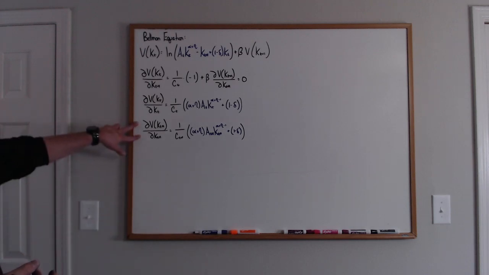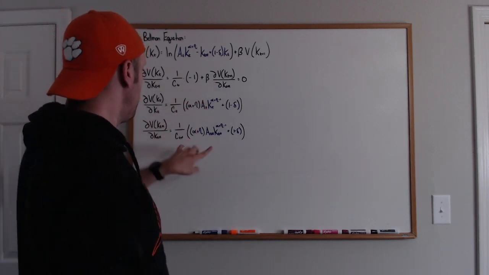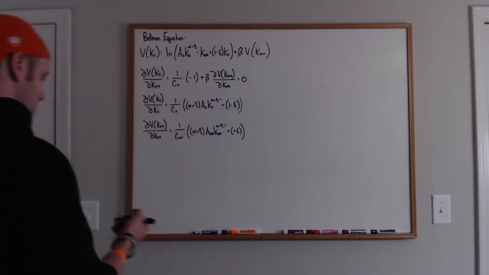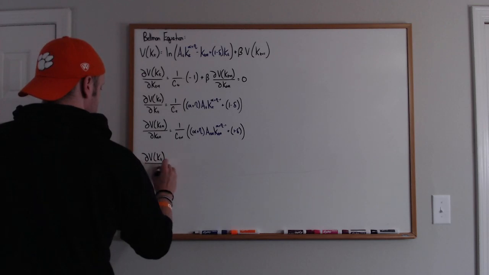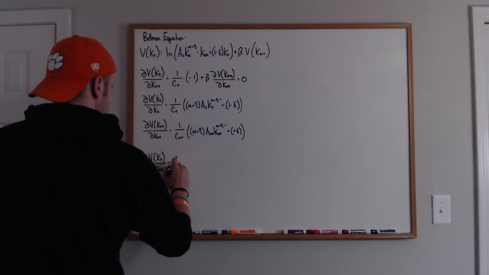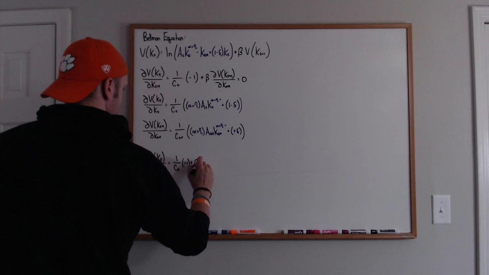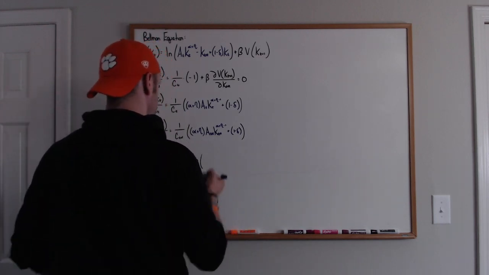And then all I do is, because this dvkt plus 1 dkt plus 1 is equal to this, and this shows up here, but it also shows up here, I can take this and just plug it in here. And what that will give me is the following. I'm going to rewrite this first order condition as such.